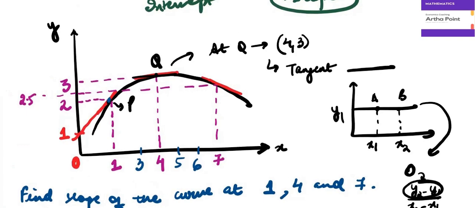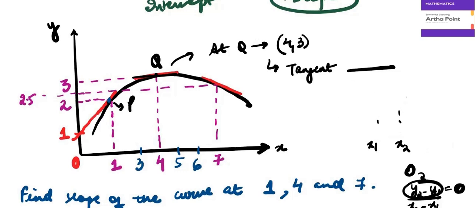It is same from A to B. So the slope also does not change. Because at Q, I have a horizontal line, the slope is 0.